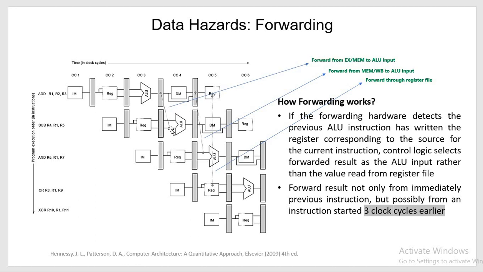So the hazard will be removed. In the fourth machine cycle, the second instruction requires the data to execute, and it will be directly fed as one of the operands to the input of the ALU for the sub instruction. So the hazard for the second instruction will be removed.